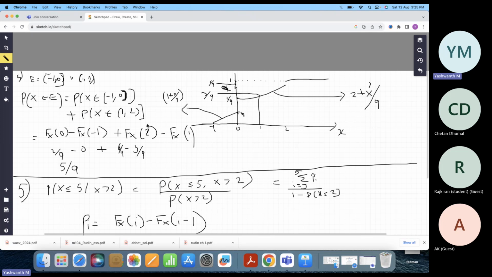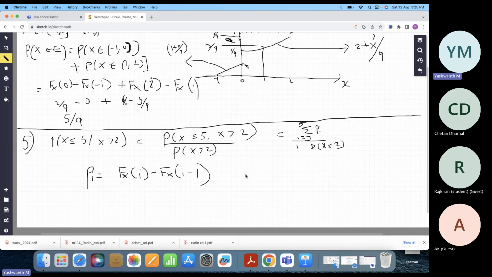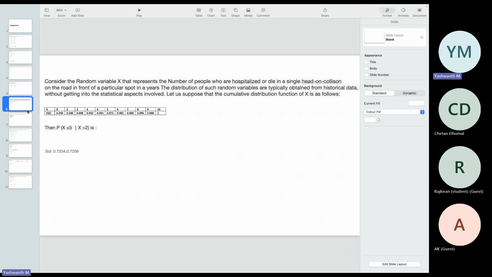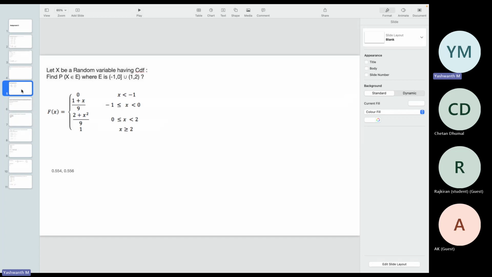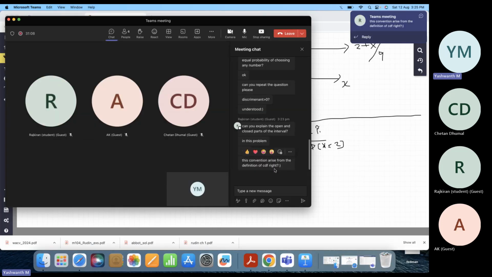Okay, so let's go to another problem. This is, I think, very simple. You are given a distribution function. This is piecewise linear. The convention arises from the definition of CDF.